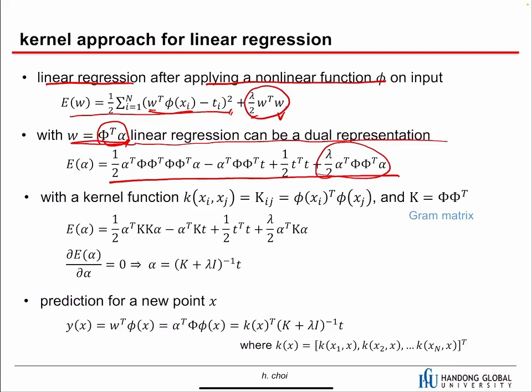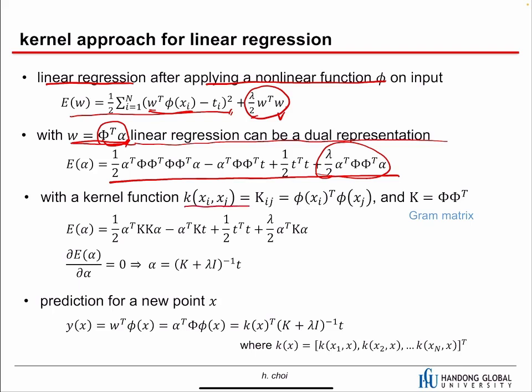Then, you know how to apply the kernel trick, right? Whenever there is an inner product between the feature vectors, we can use a kernel function instead of the nonlinear function and the inner product.